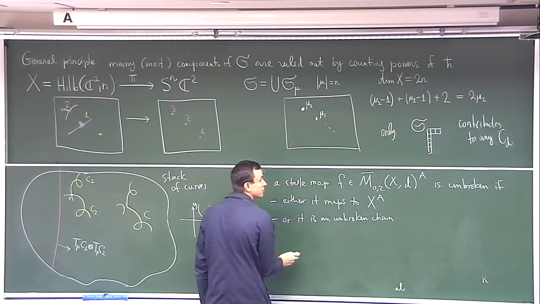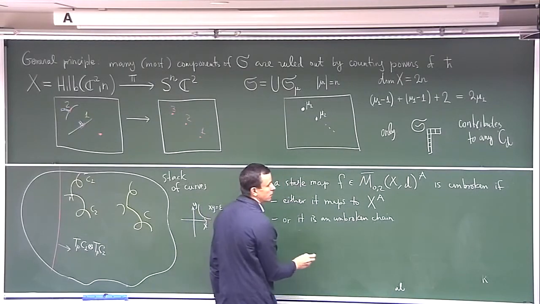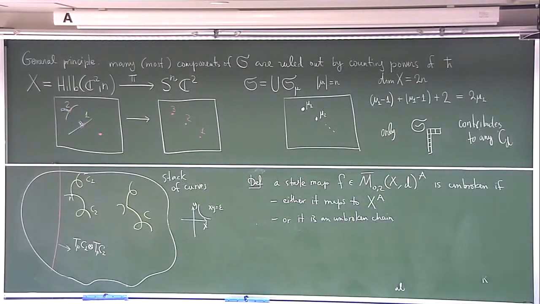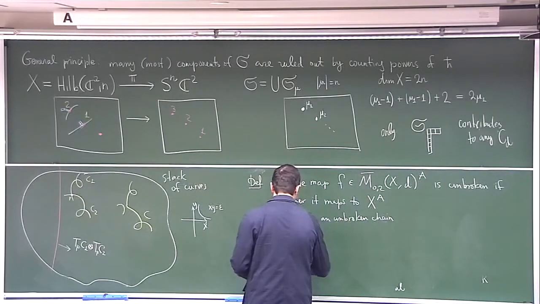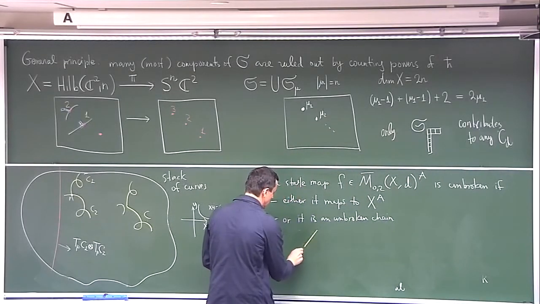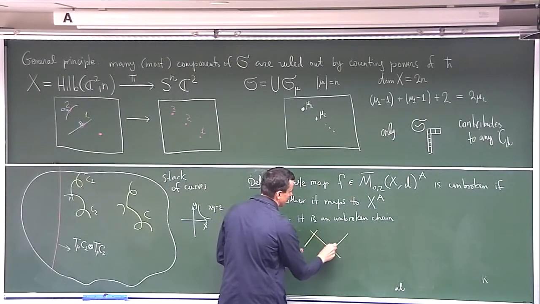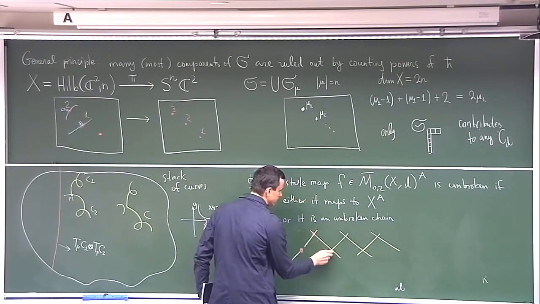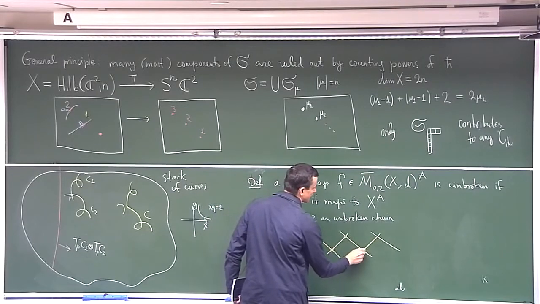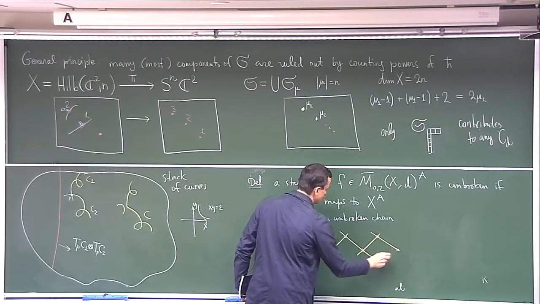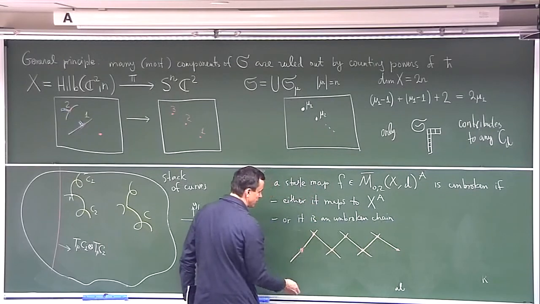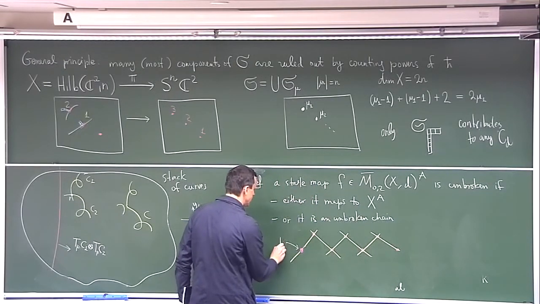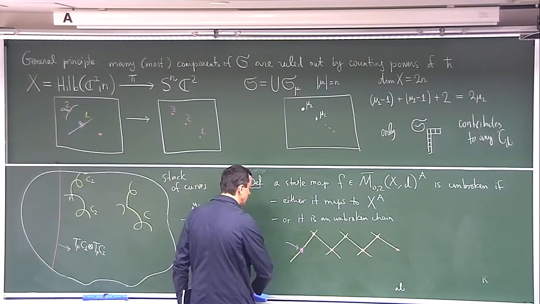You have some fixed point, with this being my first marked point, so this is f of p1.